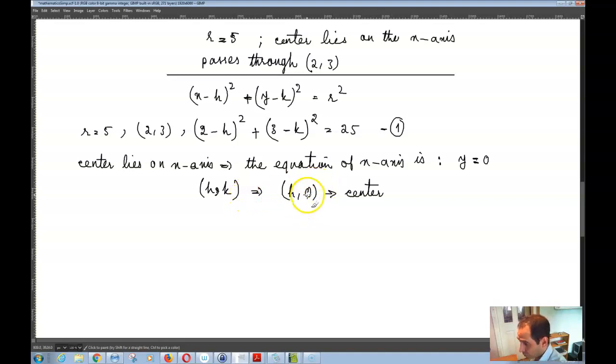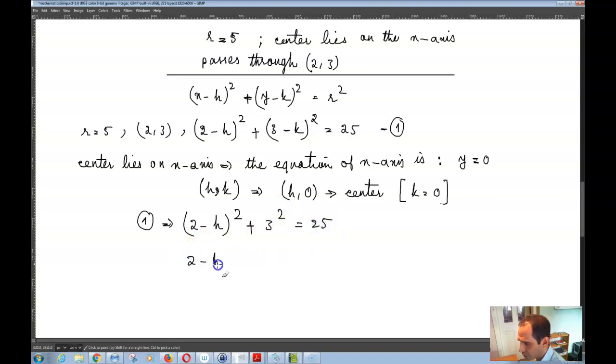Now, if your k is equal to 0, I can use this equation over here. I can write it as 2 minus h whole squared plus, if k is equal to 0, 3 squared is equal to 25.